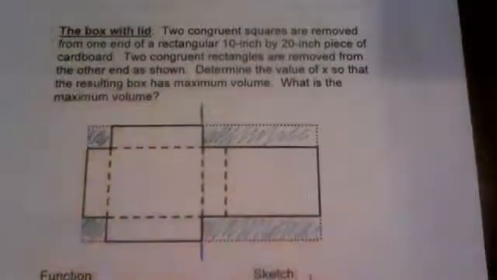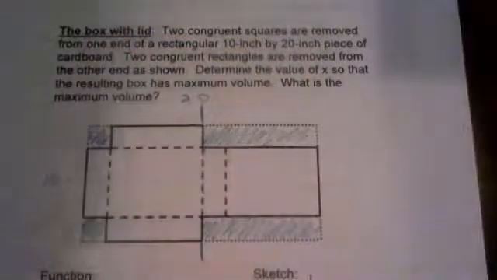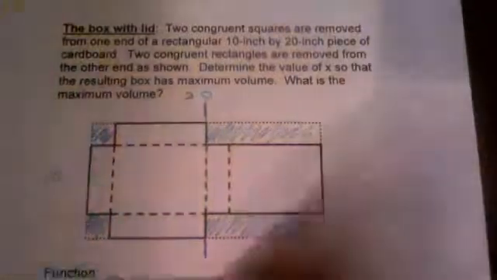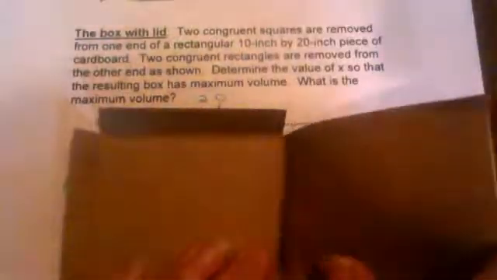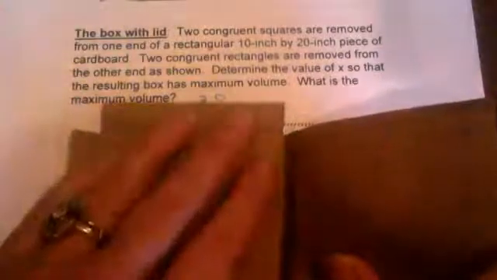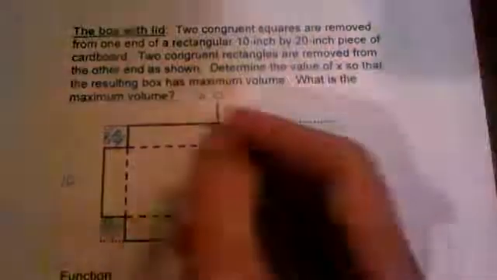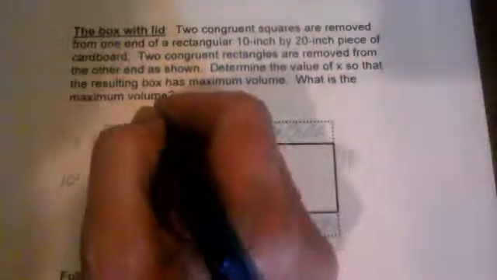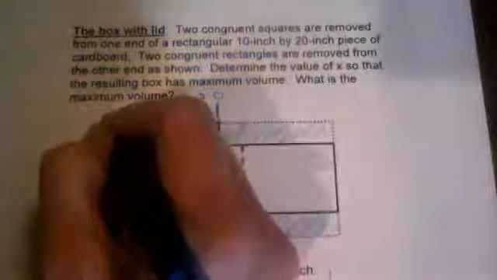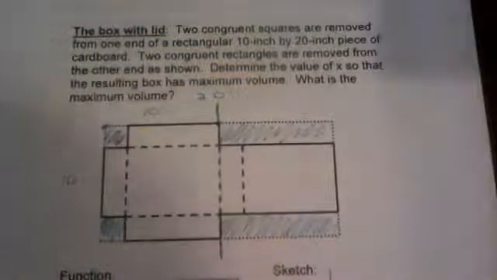And it says that this material starts out as a 10 by 20 inch piece. So this is 10. This entire thing is 20. Well, we already know right off the bat that the part that creates the base of the box is just half of the material. The rest of this is just the lid. So we're going to concentrate on this end of the material, which is now from here to here 10 inches long.